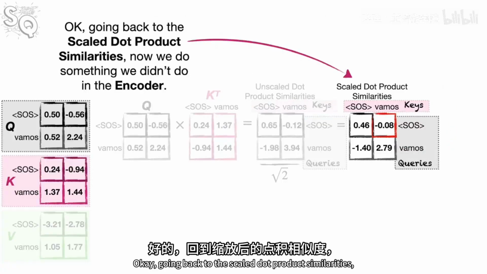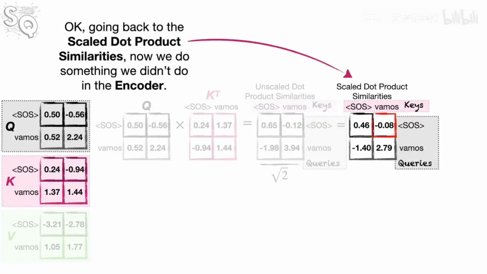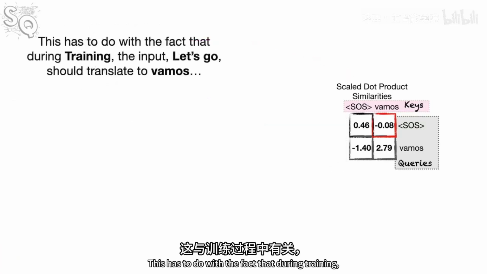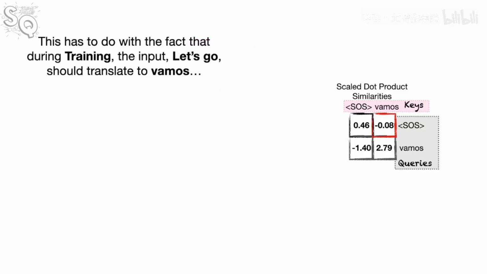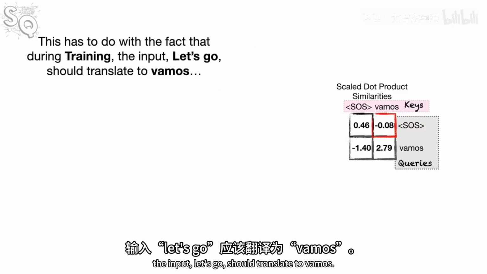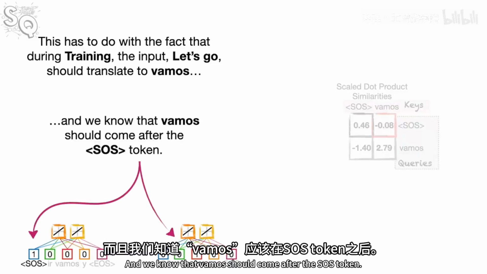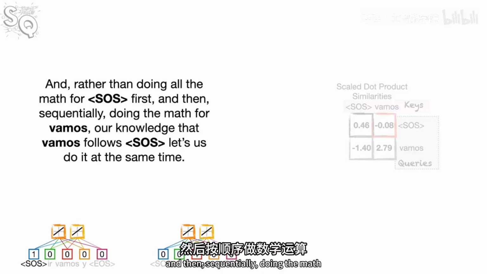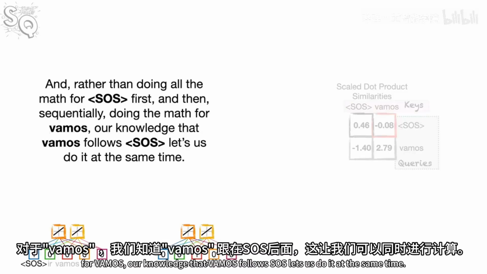Okay, going back to the scaled dot product similarities, now we do something we didn't do in the encoder. This has to do with the fact that during training, the input, let's go, should translate to Vamos. And we know that Vamos should come after the SOS token. And rather than doing all the math for SOS first, and then, sequentially, doing the math for Vamos, our knowledge that Vamos follows SOS lets us do it at the same time.